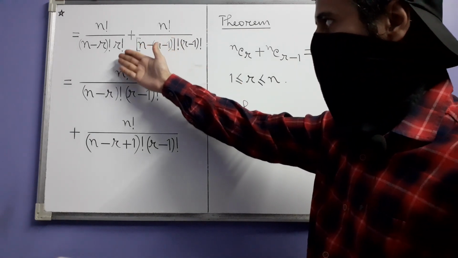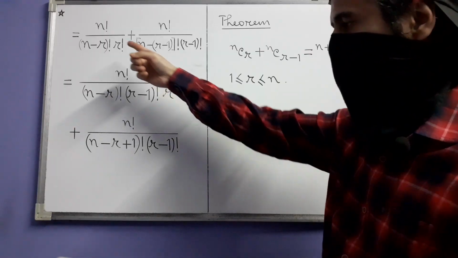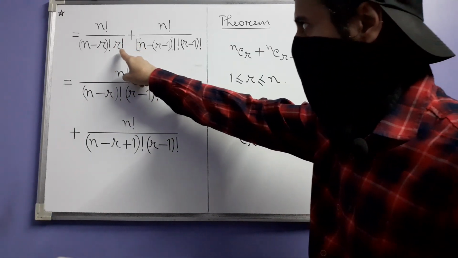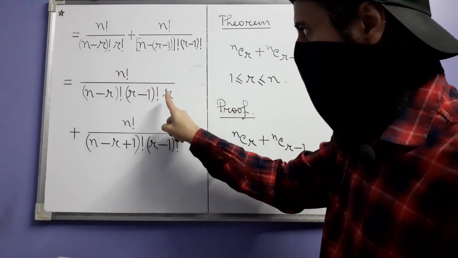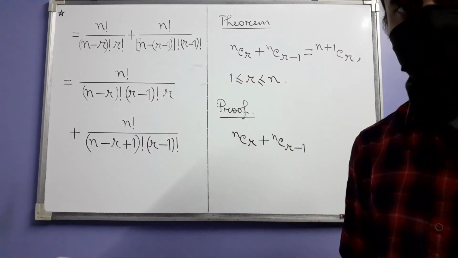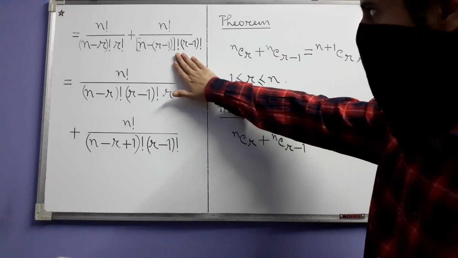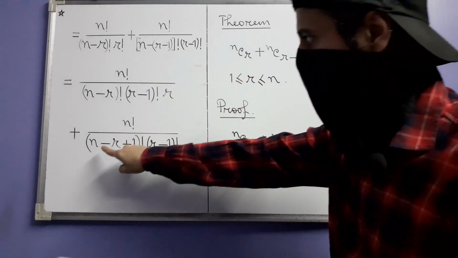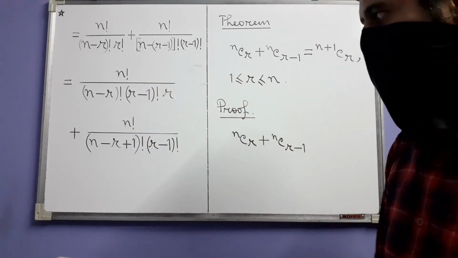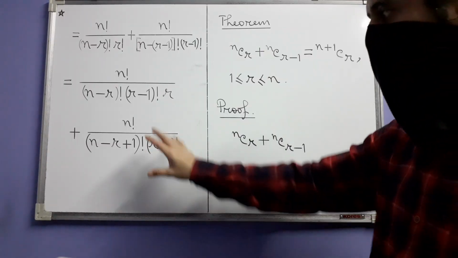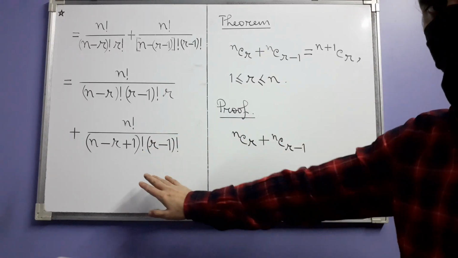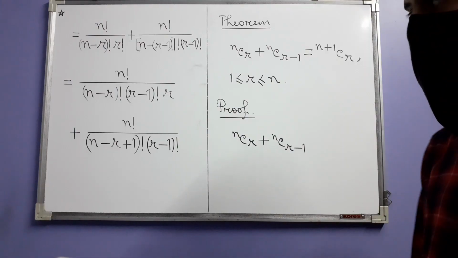And we do a little something here in the denominator of the first term. We write in place of this r factorial, r times (r minus 1) factorial, keeping the other things as they are. What happens to this one? This one becomes (n minus r plus 1) factorial of that.